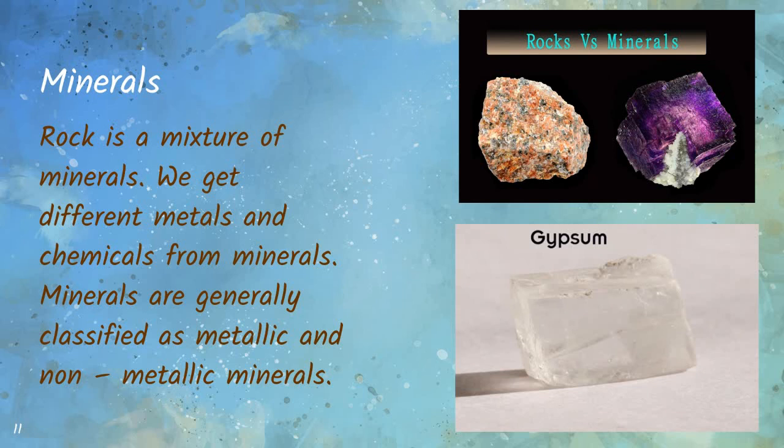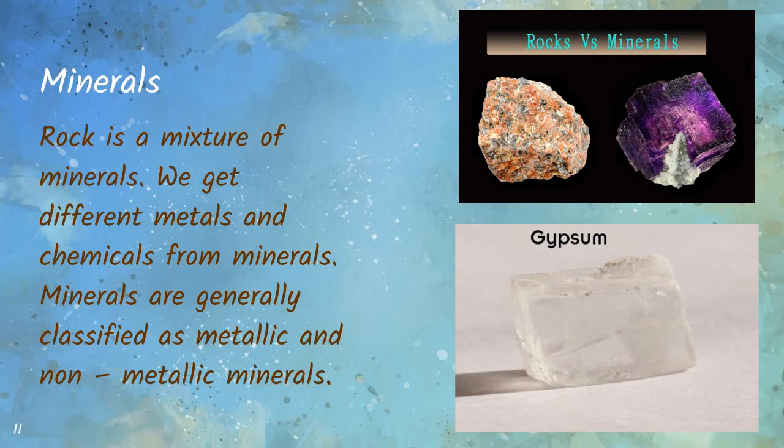We looked at how rocks were formed in the last chapter. We also get different metals and chemicals from these minerals. Some chemicals are used in preparing different types of medicines. Minerals are generally classified as metallic and non-metallic minerals.